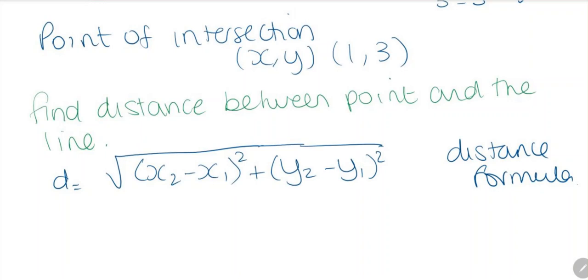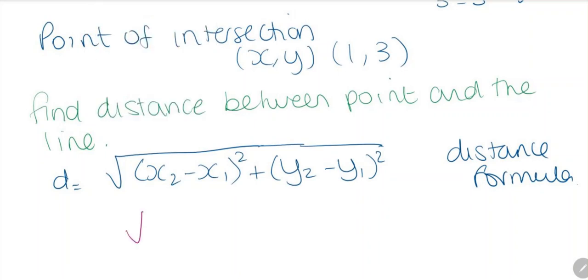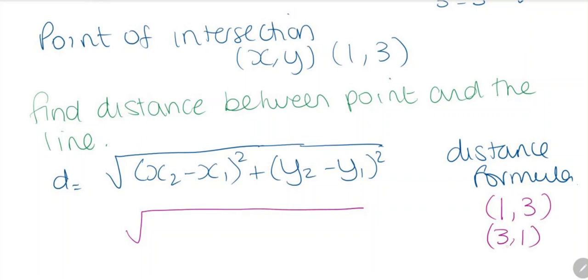So we just need to substitute in our values. So the points we had, this was the original one, and this is the point that we just found of intersection.